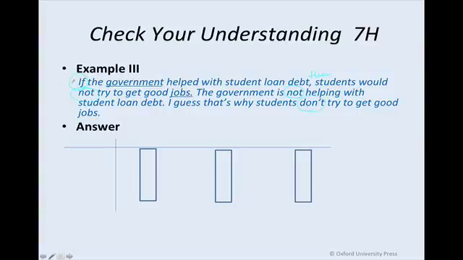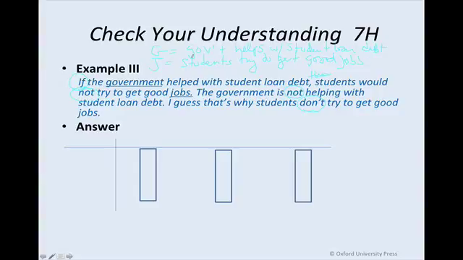Now let's try and identify each of the simple statements. And let's use G for the government helps with student loan debt. Let's use J for students try to get good jobs.